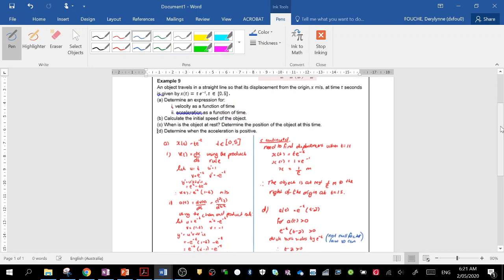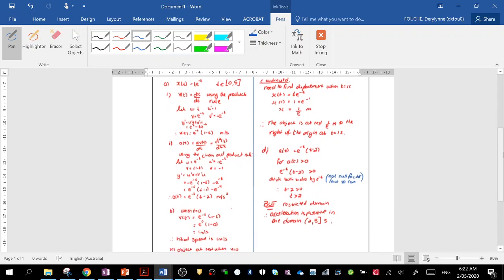Now always in the question you need to go and look and see what they say about where this thing is to start. And it says the object travels in a straight line so that its displacement from the origin x meters, there's a typo there, at time t seconds is given by this. So it starts at the origin.